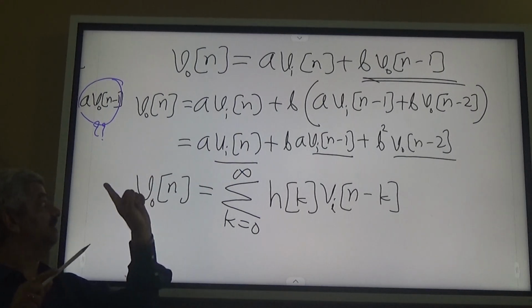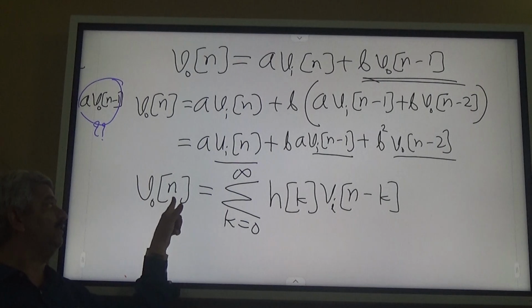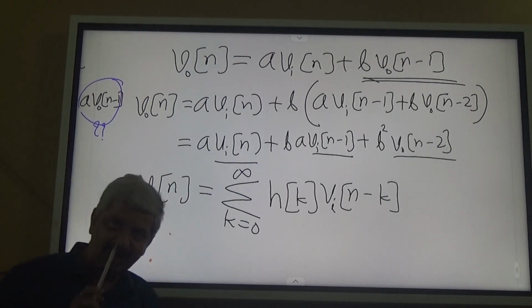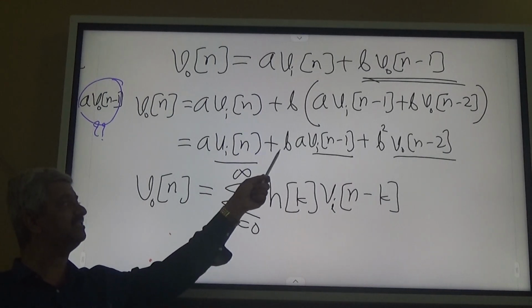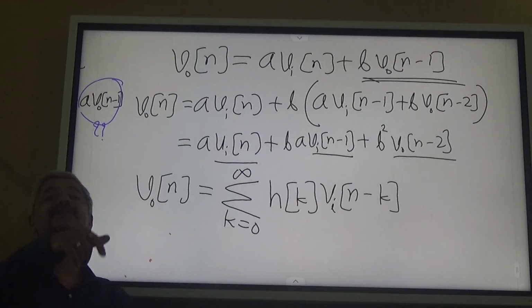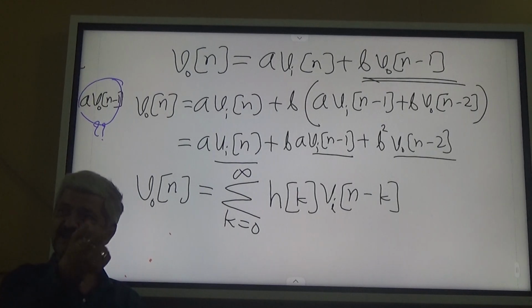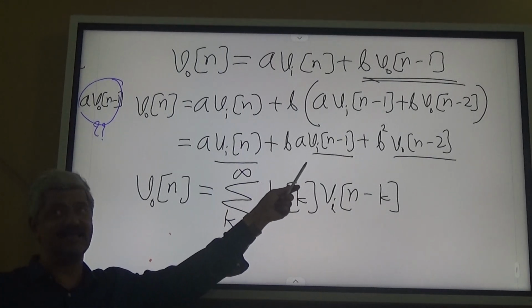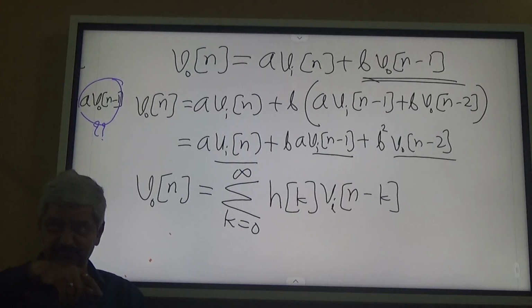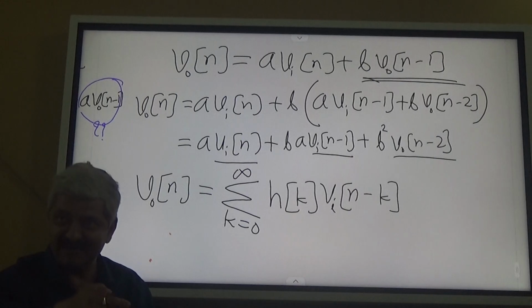What are we talking about? Current output sample, V0n. Current output sample is some constant into current input sample plus some other constant into immediate previous input sample, plus some other constant into the sample two instances ago, plus some other into that.